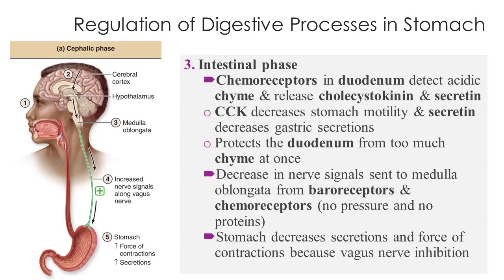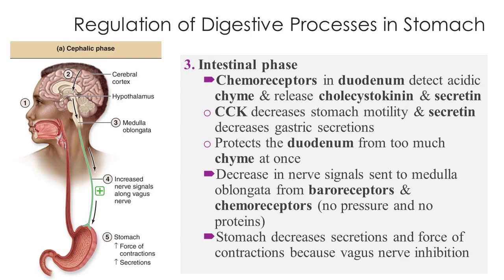And so we're going to detect what's going on in the duodenum. Because the cells that line the duodenum are not protected from acid. And so it's important for us to know, okay, what's happening with the chyme here, because the duodenum has to be taken care of. And we're going to see how the duodenum does it.